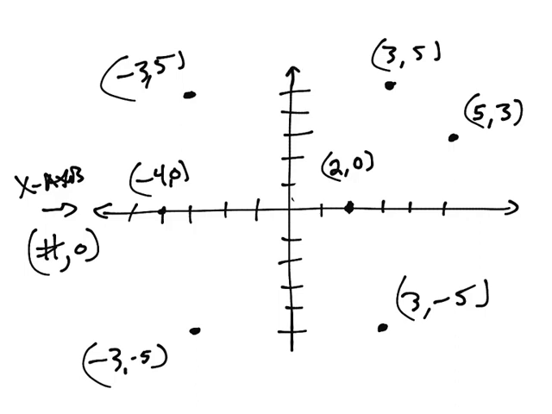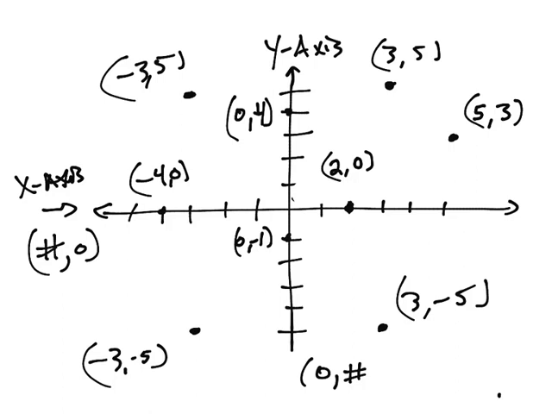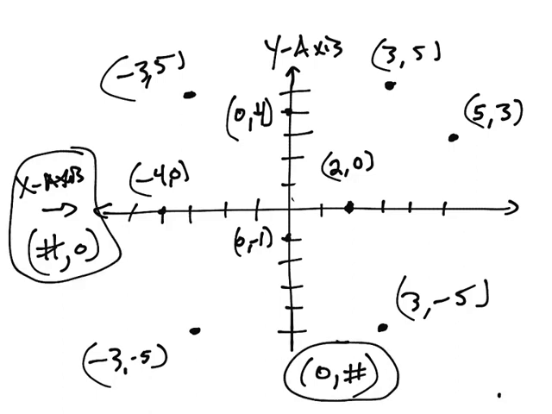Similarly, points on the y-axis are all going to have a similar looking address of 0, something. That point would be 0, 4. This point would be 0, -1. Everything on the y-axis looks like 0, some number. We're going to use that to our advantage to find x and y intercepts of graphs later on.